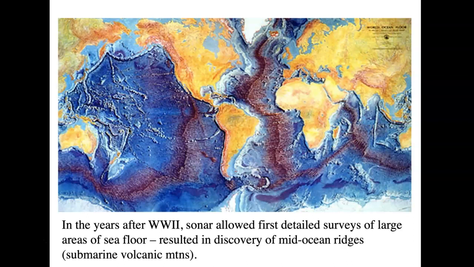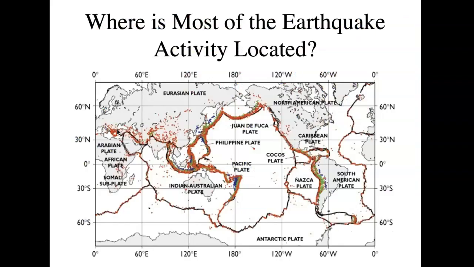There were huge mountain ridges in the ocean, and huge valleys in the ocean. So the ocean floor was not flat at all, but it had these big open plain areas. Amidst these plains, there were huge underwater mountain ranges, and you can see these here. And then these huge, deep valleys, which we now call trenches.